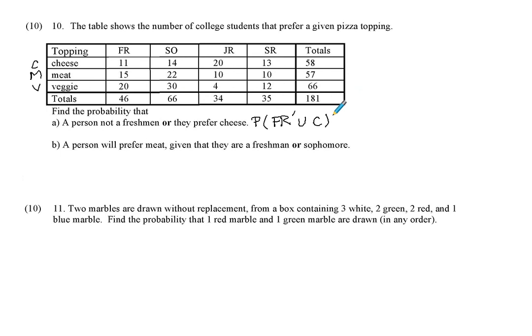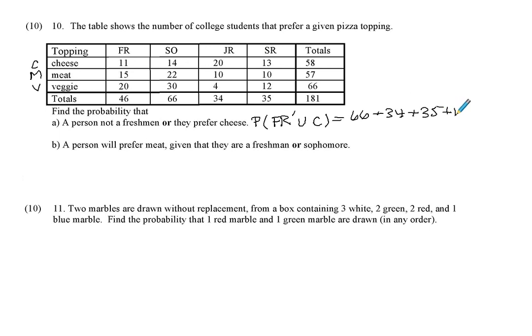So that was going to be 66. These three columns are not freshmen. So 66 plus 34 plus 35. That's the sophomore total, junior total, senior total, and then only the 11 did not get counted in those totals.